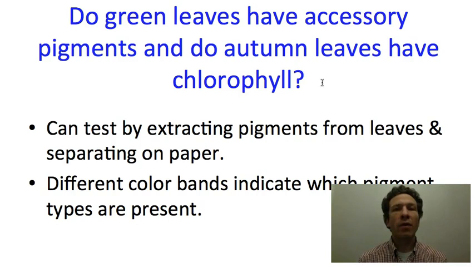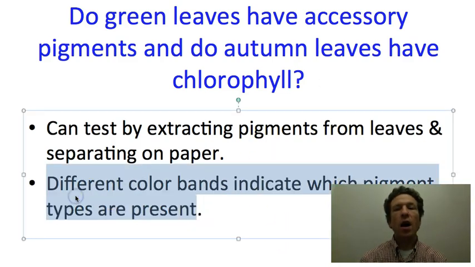And that will allow us to see, for example, whether there are carotenes and xanthophylls in a leaf that appears green, and conversely, it would also let us see whether there's any detectable chlorophyll in a leaf that appeared orange or yellow. The different color bands are going to be a clue to us about which different pigment types are present. And so this is an exercise that we will actually do in an upcoming laboratory.